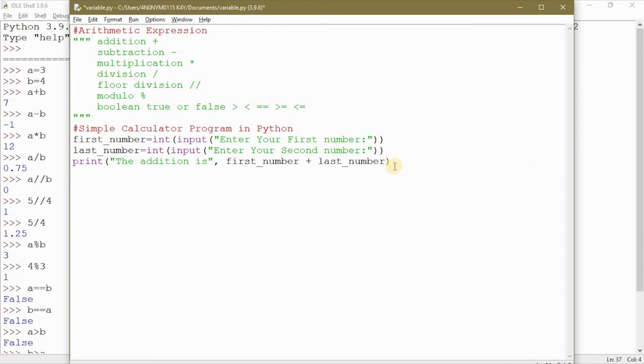Let me copy this out and put this into a bracket as well.